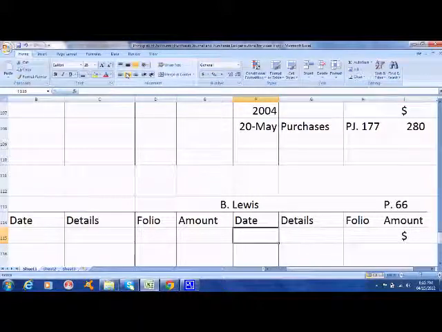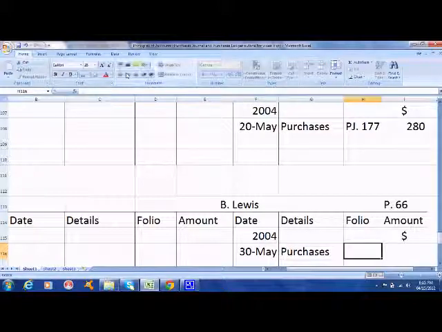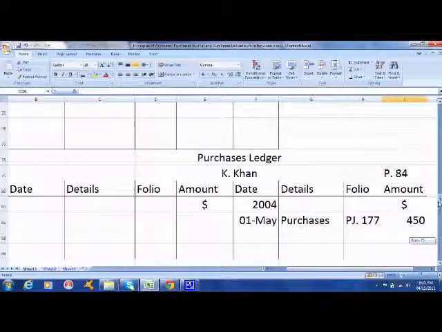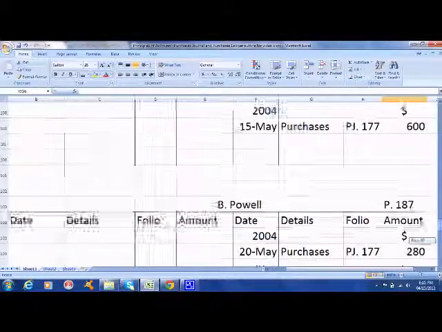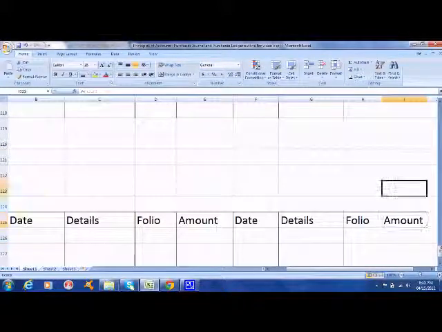So you're going to have 2004, May 30, purchases, and then you have PJ 177 again, and the amount will be $640. That's the amount. Now we go to another segment of our ledger.